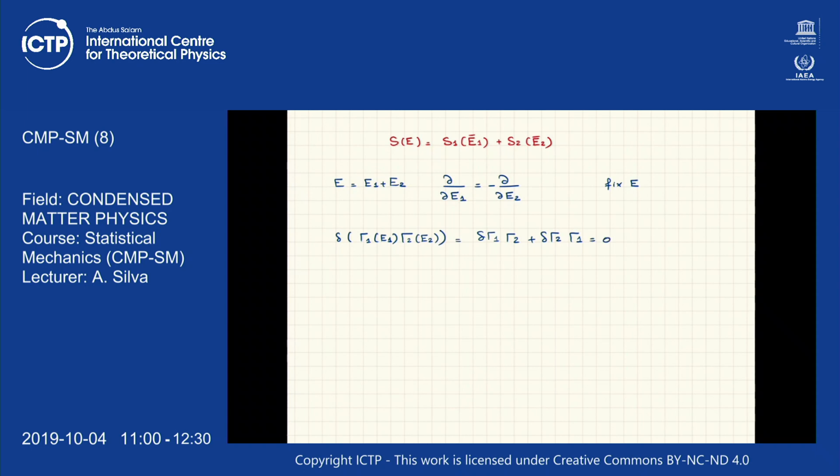Right? Because we want to find E bar 1 and E bar 2 for which this is maximal. And therefore, what we find is that delta gamma 1 over gamma 1 should be equal to minus delta gamma 2 over gamma 2.